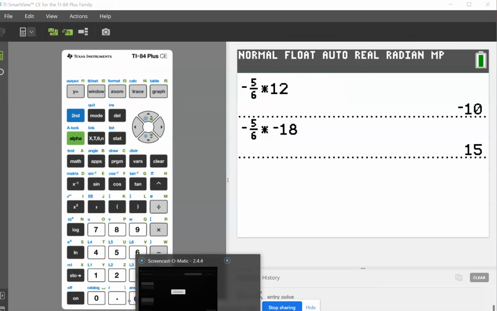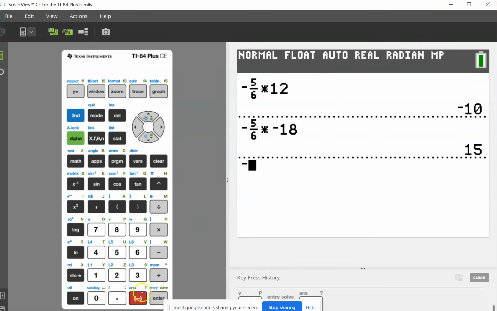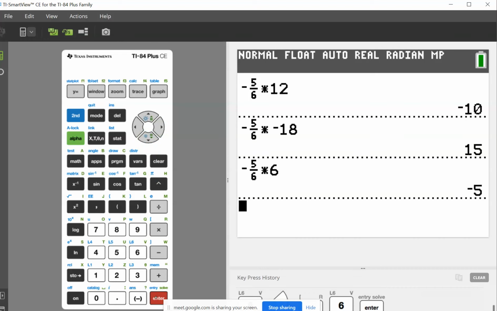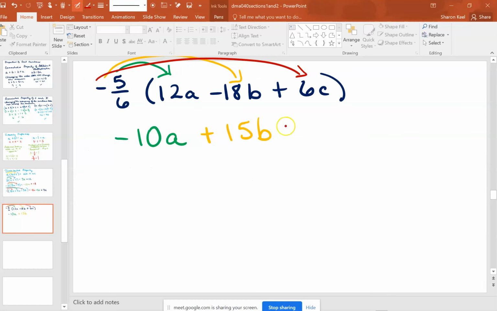So negative 5/6 times 6 gives me a negative 5. So that would be minus 5c. And you're done. So with the distributive property, don't fret if you see fractions.